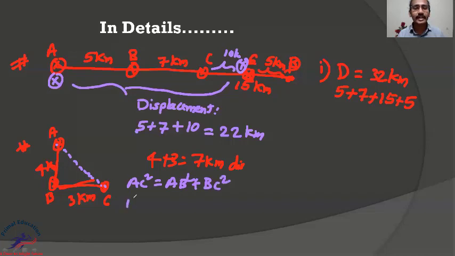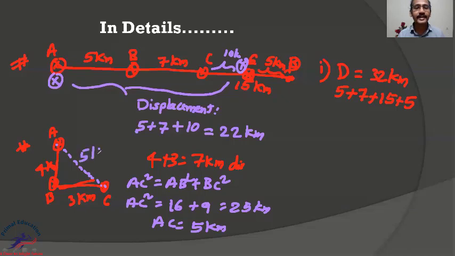So AC square is equal to AB square, 4 square is 16, plus BC square, 3 square is 9, which is 25 kilometers. Now AC is equal to the square root of 25, which is 5 kilometers. Yes, 5 kilometers. So AC is the displacement, that is 5 kilometers is the displacement.